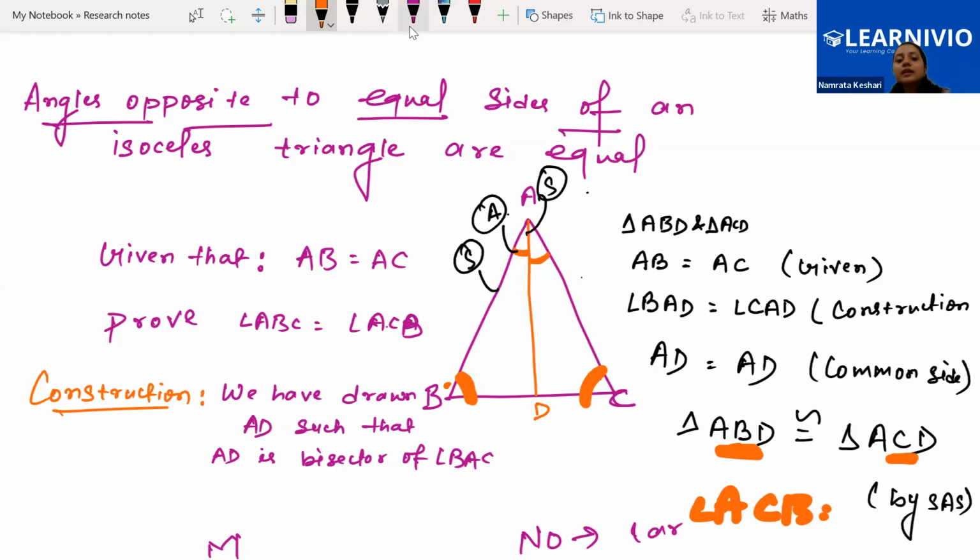Maybe it works like a perpendicular bisector, and then we can prove it. So this is just one of the ways of proving it. There are so many ways, you can use any way, but please stick to the concept. Okay, let's continue.